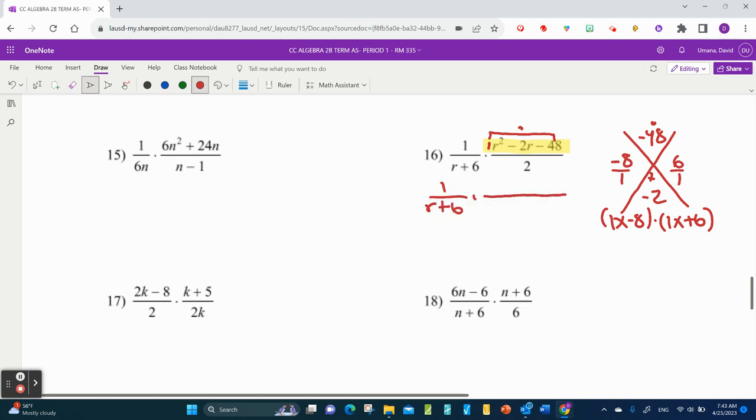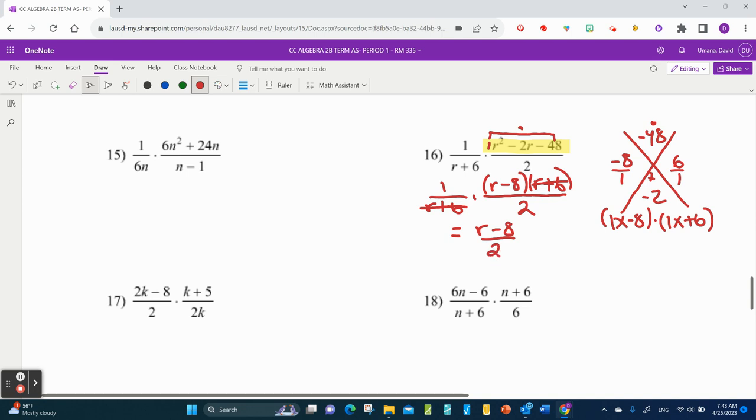And on top, I'm going to now rewrite this as r minus 8 and r plus 6. On the bottom is a 2. And I quickly notice that they have a common term of r plus 6. That goes away. And 1 times whatever's on top is the same thing, and the bottom is that. So now my final answer turns out to be r minus 8 over 2.